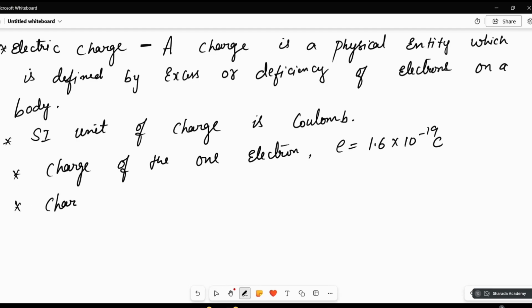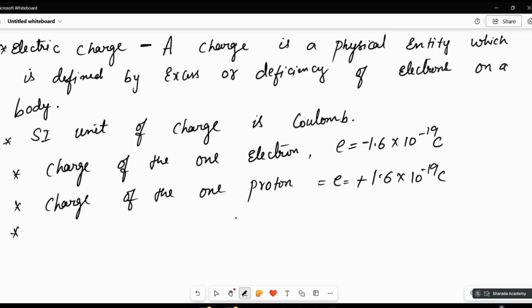Next, charge of one proton is equal to 1.6 into 10 to the power of minus 19 coulombs. Here electron is minus, proton is plus. They are equal charges. Electron will have negative, proton will have positive.